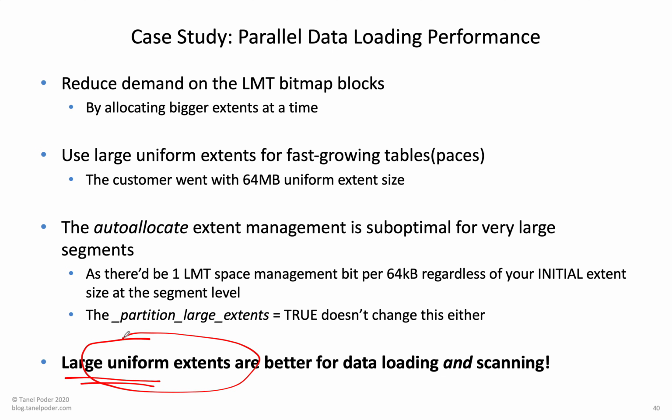You should not use auto allocate, because even if you use large uniform extents, like 8 megabytes or 64 megabytes, whatever, as an extent size, if you have an auto allocate tablespace, then you still have 1 bit per 64 kilobytes, because the extent size is not uniform. It can be varying. It can be small or big in the same file. That's why a 64 megabyte extent in such a tablespace would require 1,000 bits to be flipped.